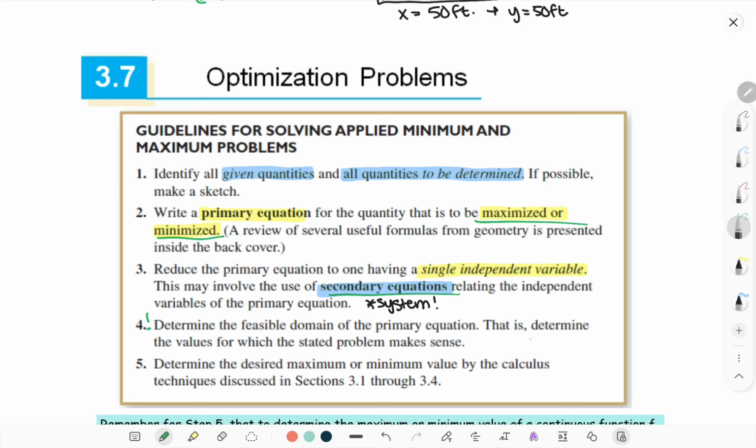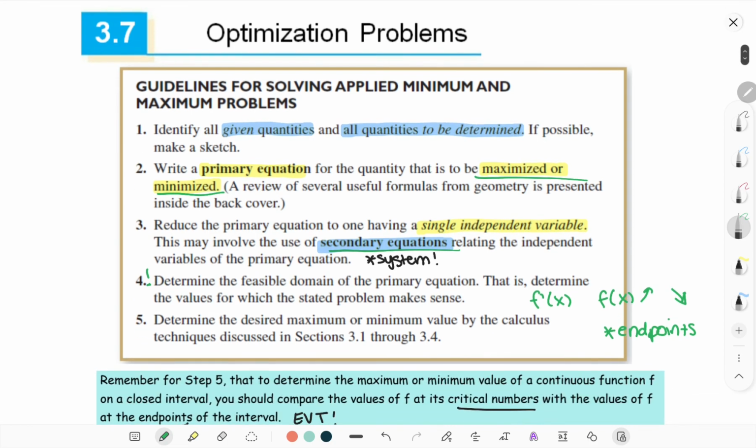Check that f prime of x to decide if f of x is increasing or decreasing and where I see that change, right? And then also making sure that we're checking endpoints if we're on a closed interval. We'll look at some examples where we can decide how to find that closed interval next time.